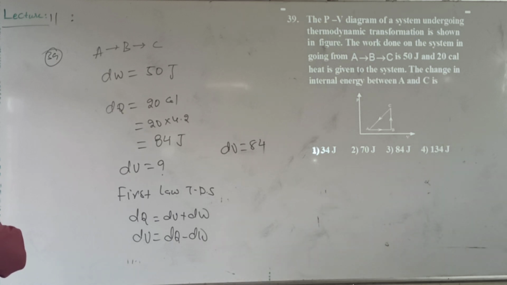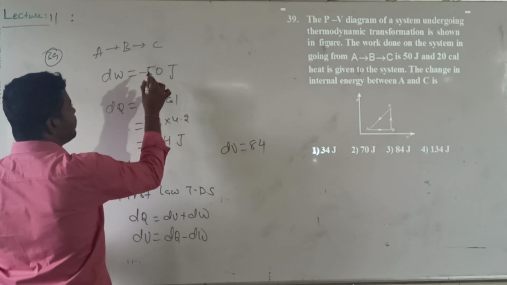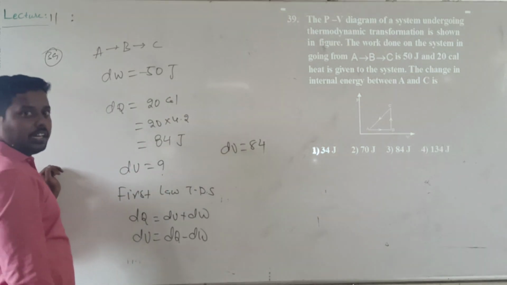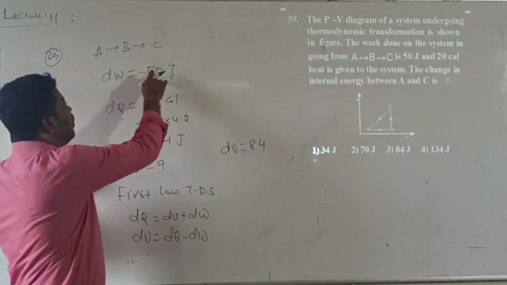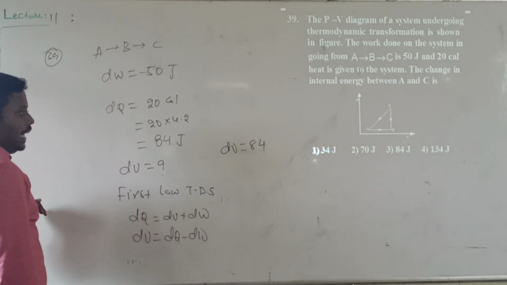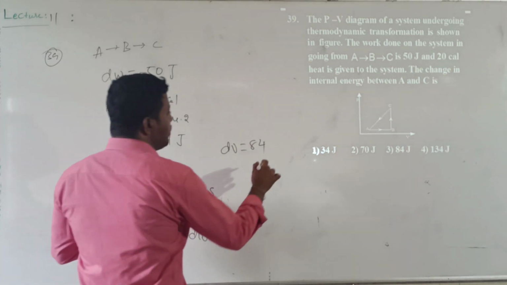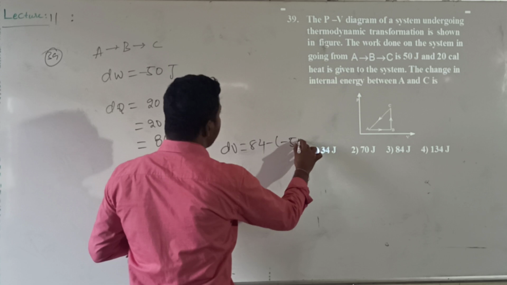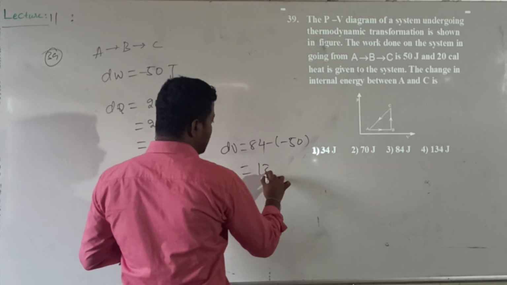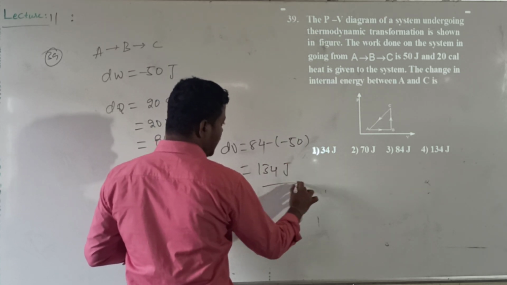And one more important point: what is given? Work done on the system. Here they have given work done on the system. This is minus, not work done by the system. Work done on the system, minus 50. So 84 minus of minus 50 is equal to 134 joules. Question clear?